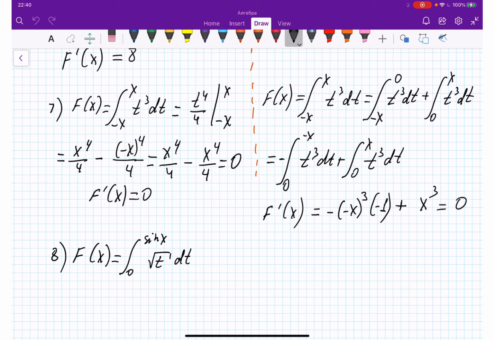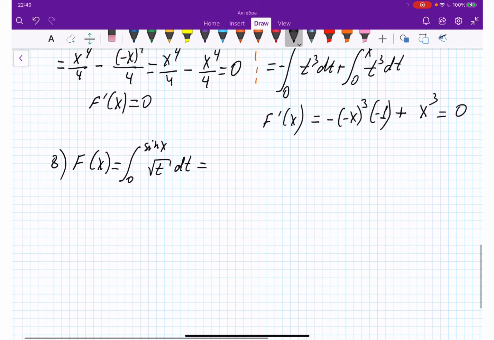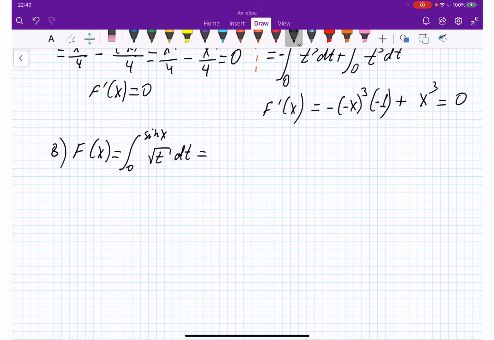Okay, so let me rewrite this way, the integral from 0 to sine x of t to the power 1/2 dt. And from here we are going to get t to the power 1/2 plus 1, it's going to be t to the power 3/2.